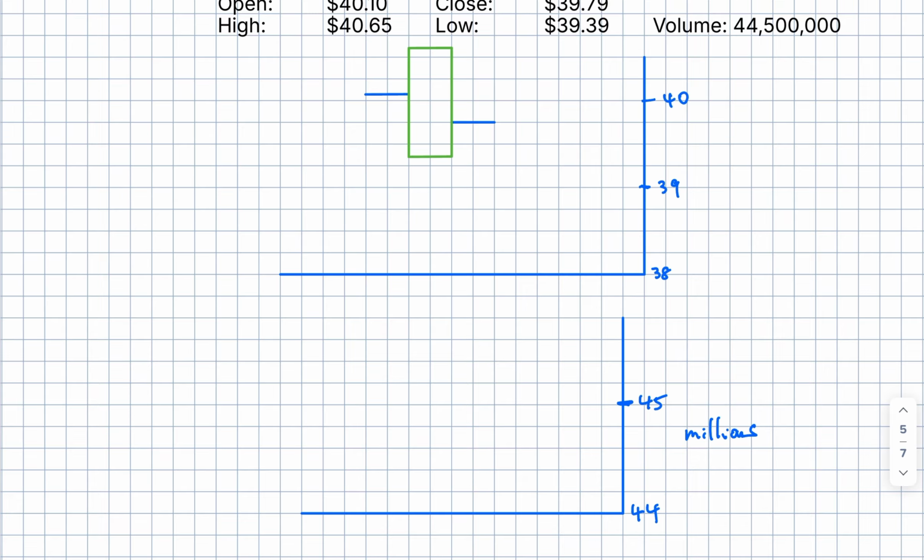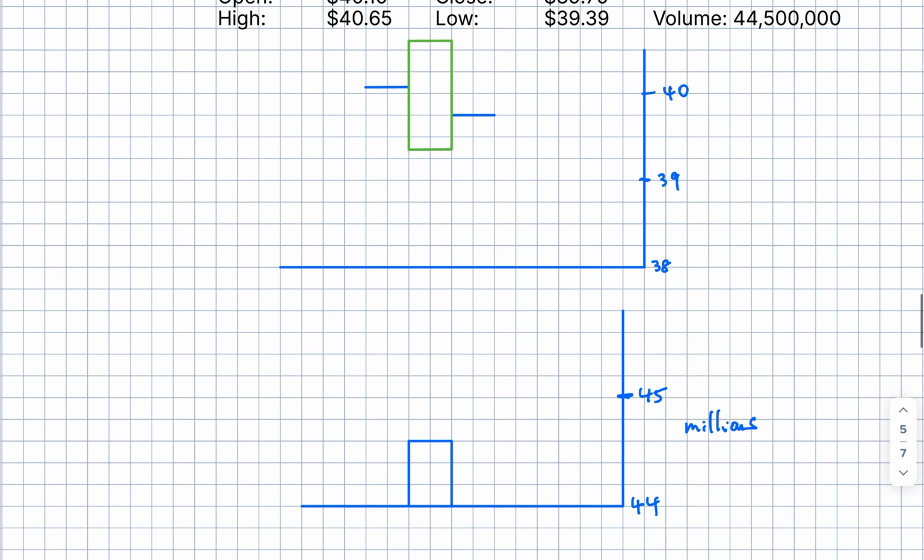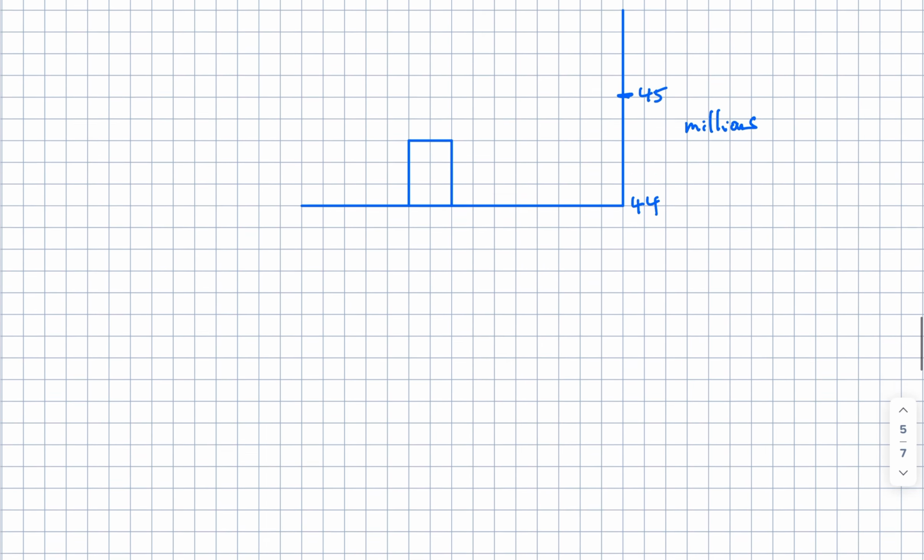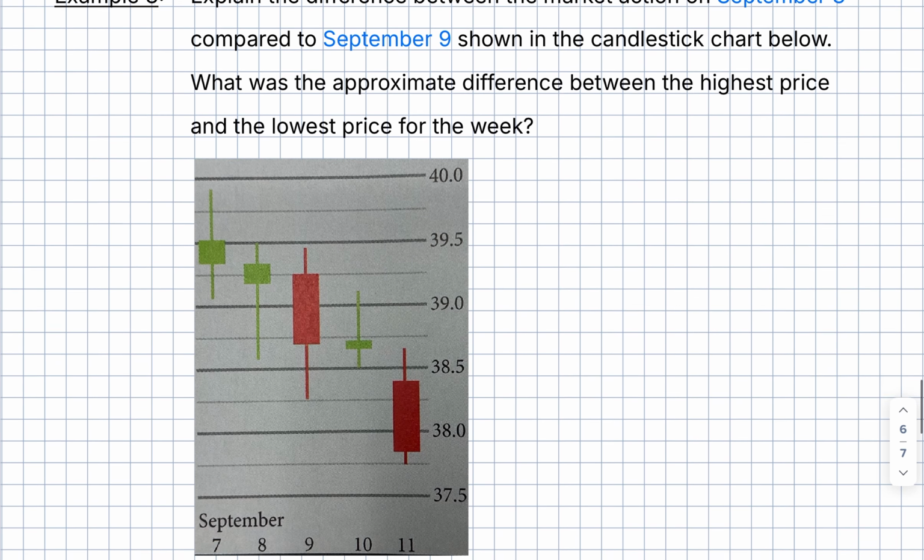All right, so 44.5 million would put us about right there. Okay, so that would represent 44.5 million. All right, hopefully that made sense. Let's go ahead and move on to our last example.